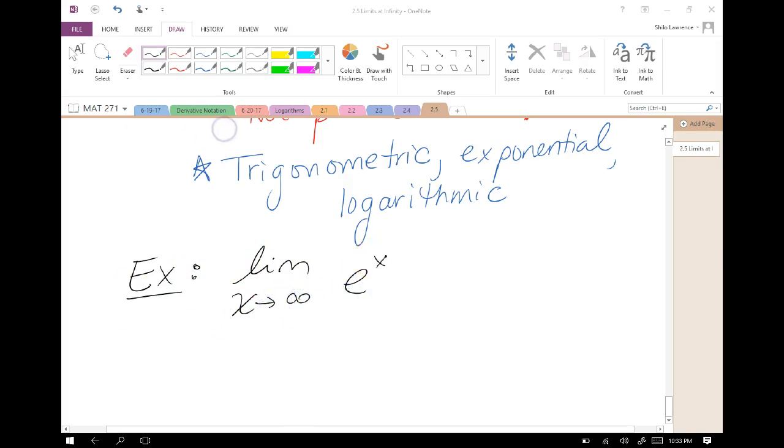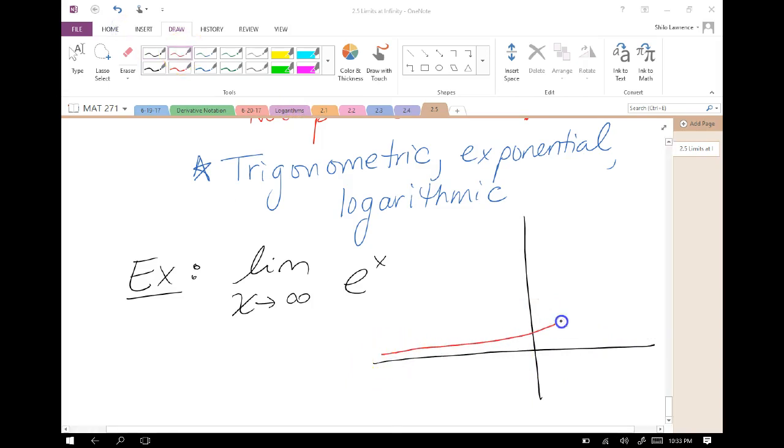One very popular graph that we're going to see in a lot of application problems is the e to the x graph. So if we want the limit as x approaches infinity for e to the x, really it's asking us, what does the e to the x graph do on the right hand side? The easiest way to determine this is to remember what the e to the x graph looks like.